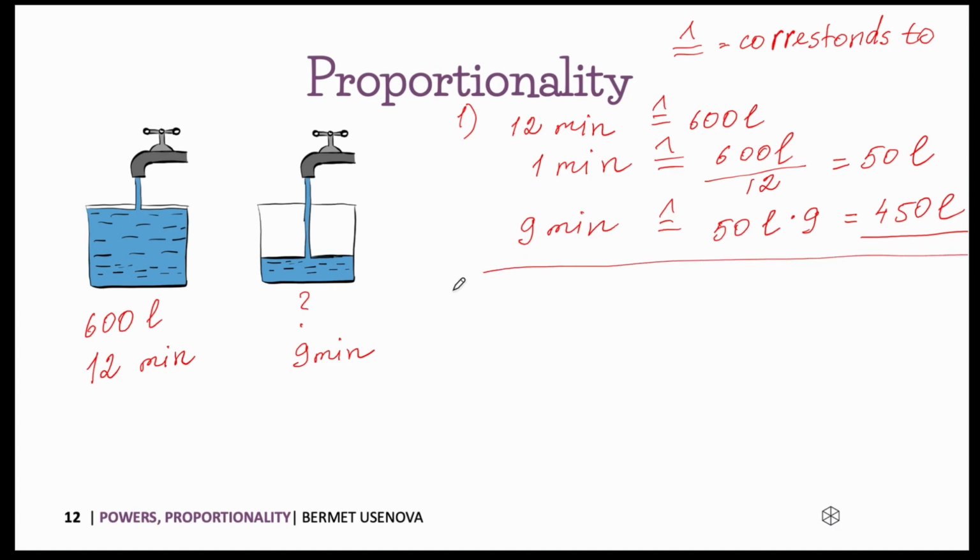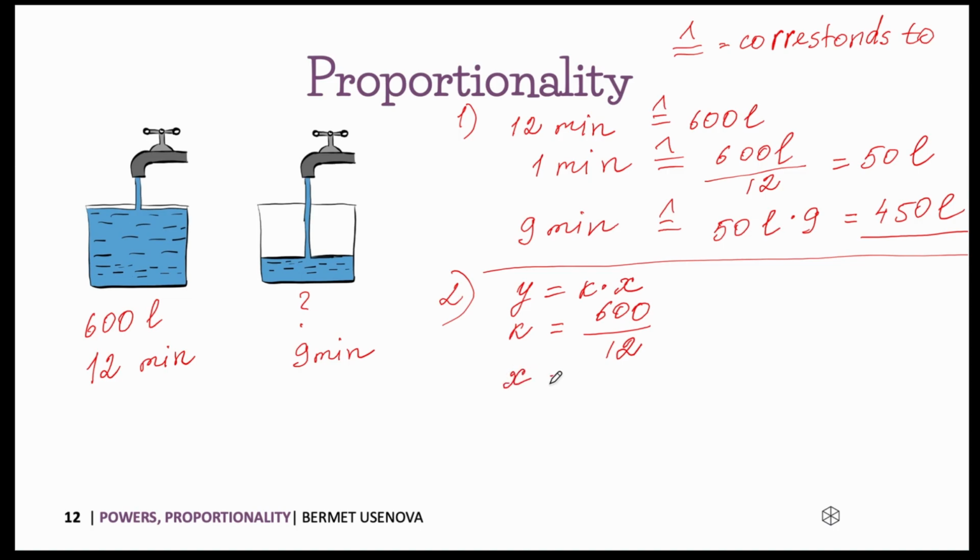There is a second method that we can find out the same answer by using the proportionality equation. So if you remember, proportionality equation is y equals k multiplied by x. So k is a coefficient, which in the first example that we saw was price per 1 kilo. In this case, it will be amount of water that flows in 1 minute, which is 600 divided by 12.